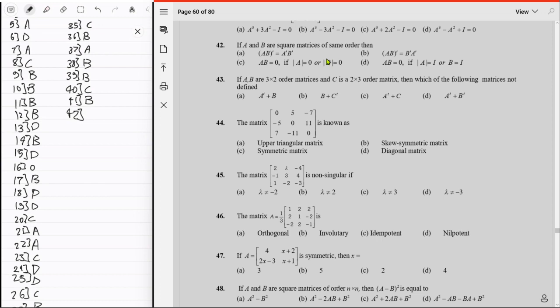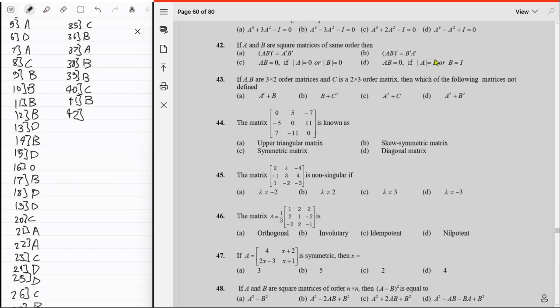If both have determinant equal to 0, but they do not have this property, if it's not a 0 matrix but instead the null matrix, then what do you do? If A times B is equal to the null matrix and both of them have determinant equal to 0, that would be a problematic thing, of course.